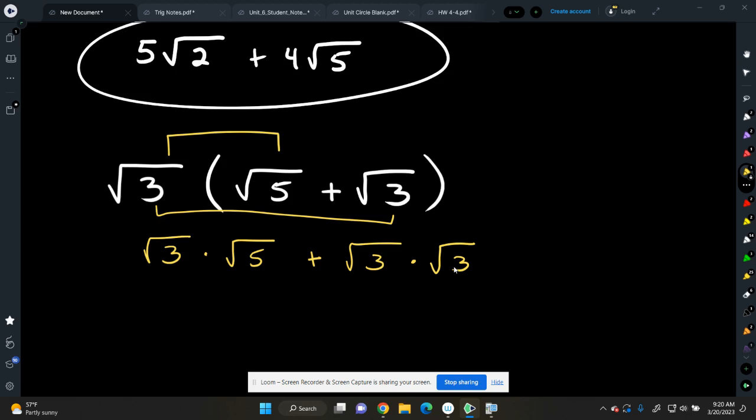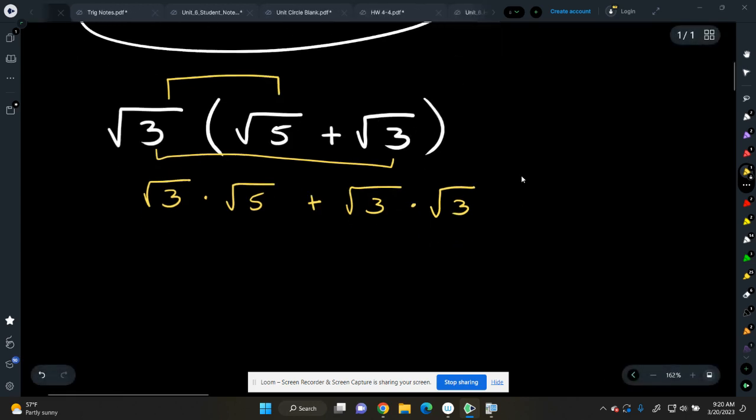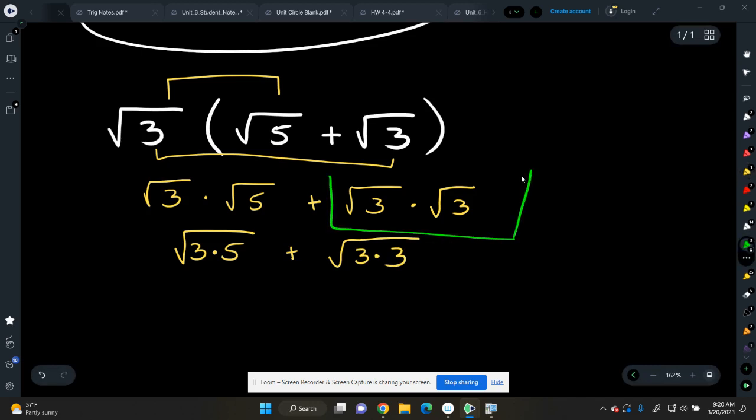Okay. So now we're going to combine them. So this becomes the square root of 3 times 5 plus the square root of 3 times 3. Now I kind of use a shortcut when I do this one, right? Everybody listening? Everybody with me?